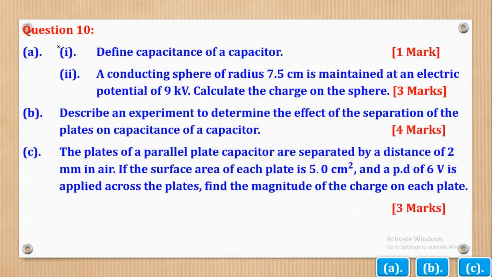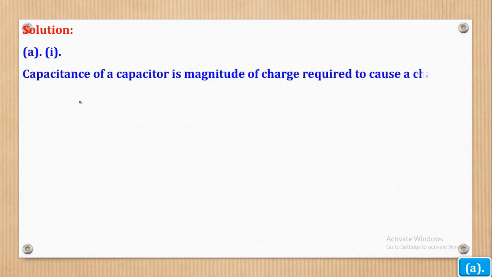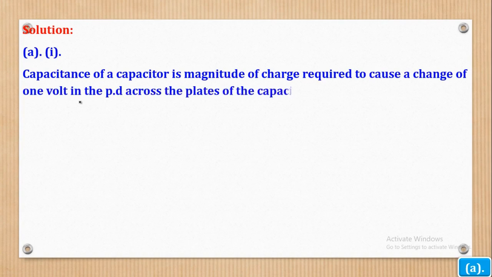So now we shall go to question 10, part A, Roman 1, which says define capacitance of a capacitor. So you come and say that the capacitance of a capacitor is the magnitude of charge required to cause a change of 1 volt in the PD across the plates of the capacitor.